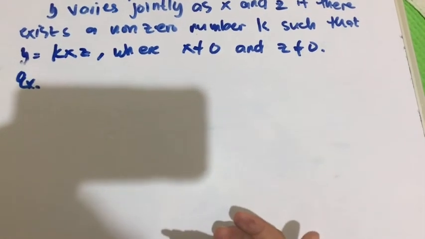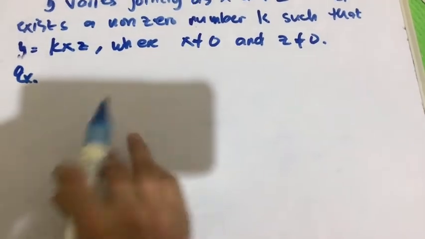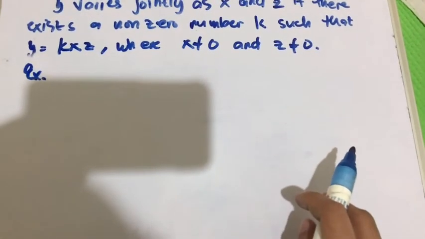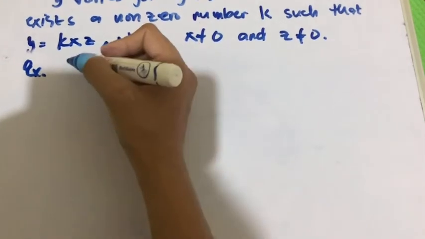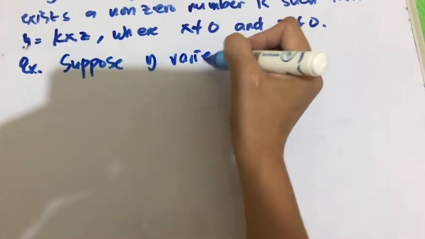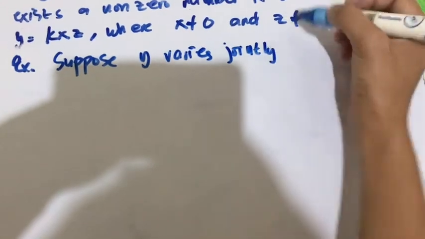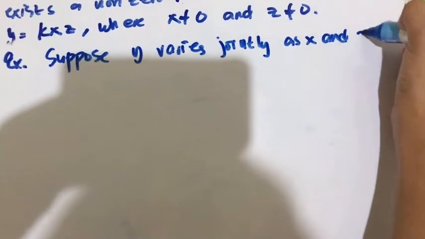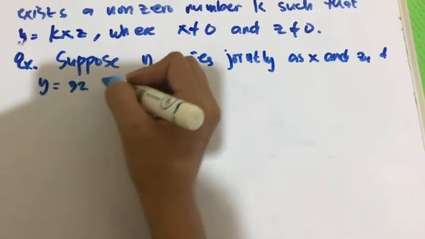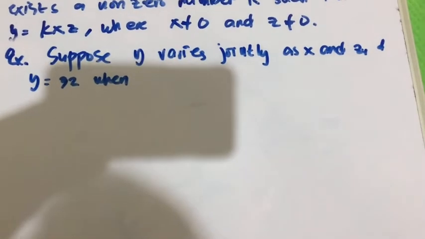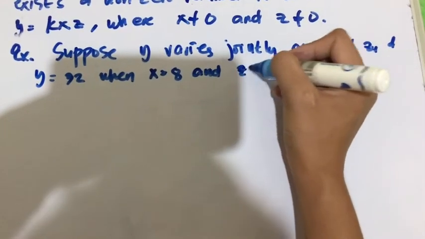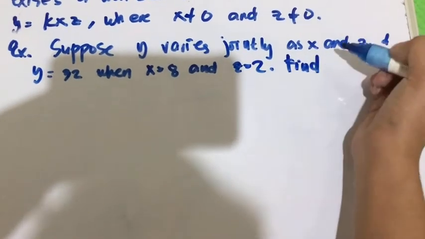So here, let me give you an example. Suppose y varies jointly as x and z, and y is equal to 32 when x is 8 and z is equal to 2.